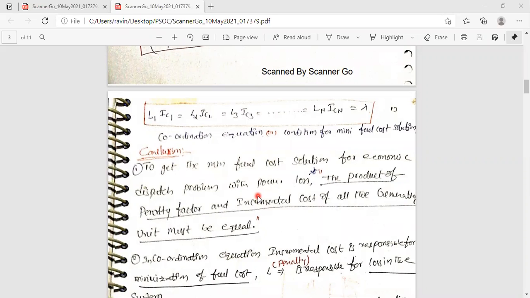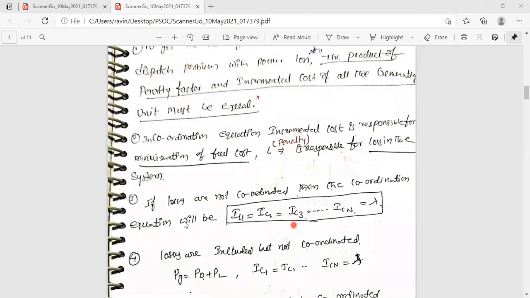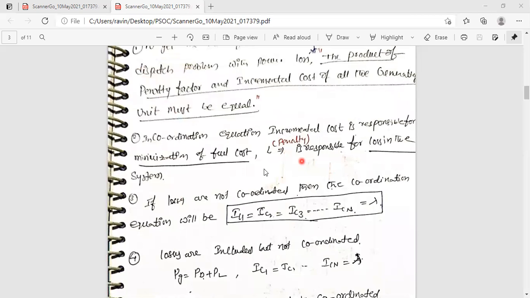With the loss, the incremental fuel cost, only then will you get the minimization of your economic load dispatch problem. Who is the responsible factor in the coordination equation? Incremental cost. Yes, differentiation of fuel cost.